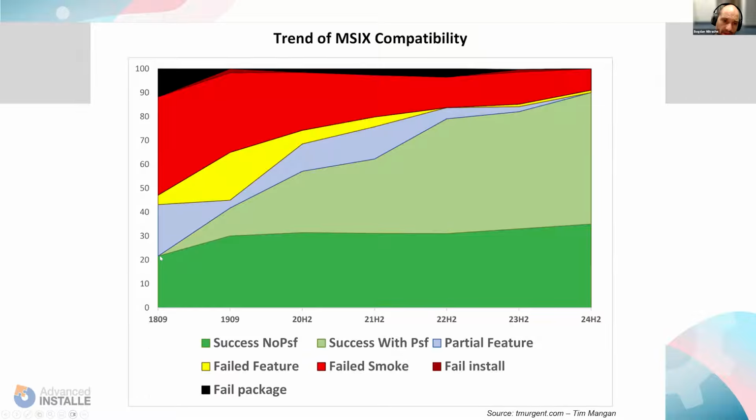MSIX was released in 2018, and in 2019 we saw a nice 10-50% increase in compatibility rates, and then some minor upward trend, maybe 5% or so, based on Tim's test. Again, we don't have access to Microsoft's application repository. But for all the other problems, you have to use some sort of PSF.